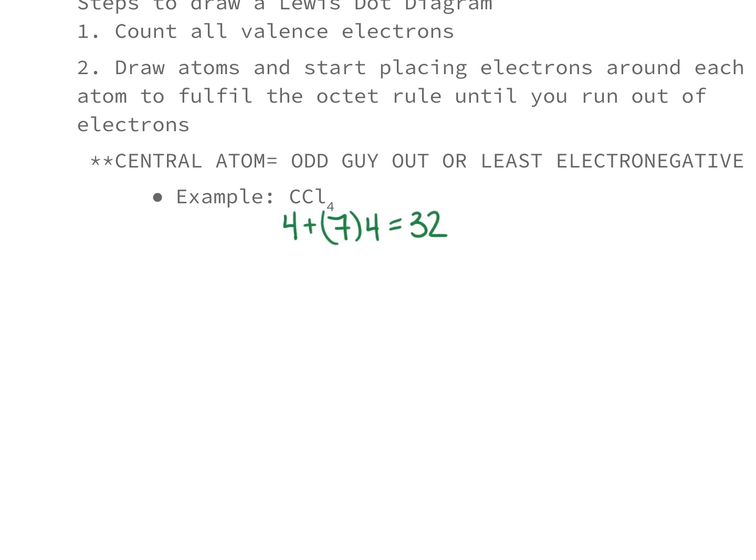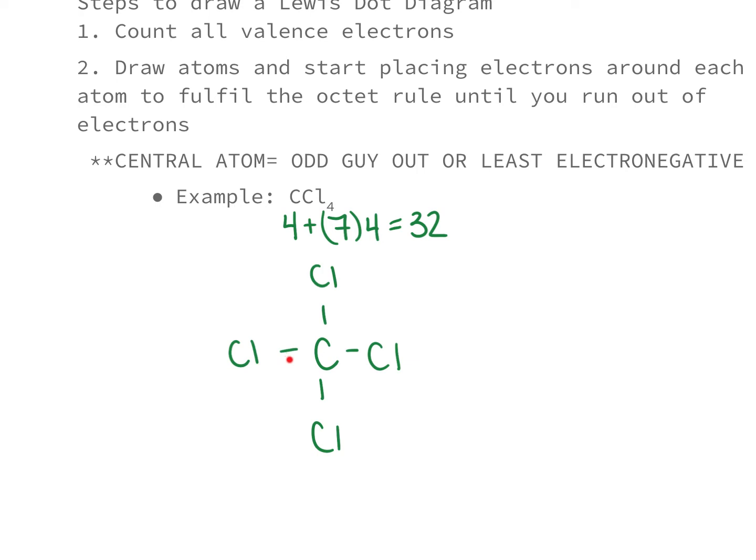The next step is we have to figure out which one goes in the middle. What's the odd guy out? Carbon goes in the middle, and then I just spread out the atoms evenly around. When you draw a line like this, it's just a single bond.